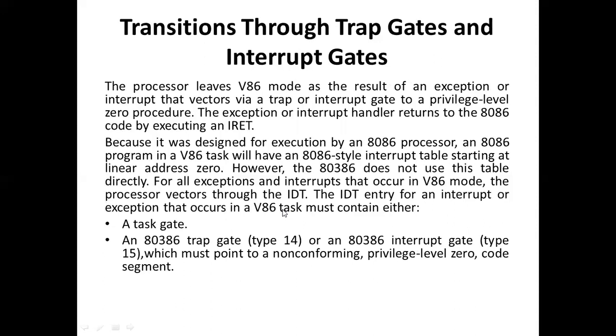Another part related to this is transition through trap gates and interrupt gates. Generally this interrupt gate or trap gate decides the actual working ability of the overall x86 mode, or when the processor will be leaving this x86 mode as a result of an exception or interrupt. It will be identified and these values will be maintained in the form of the interrupt descriptor table, okay, with respect to different privileges.